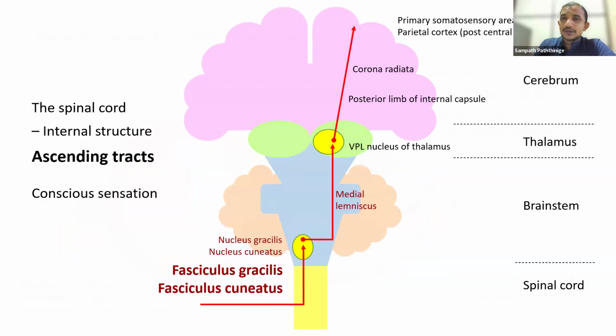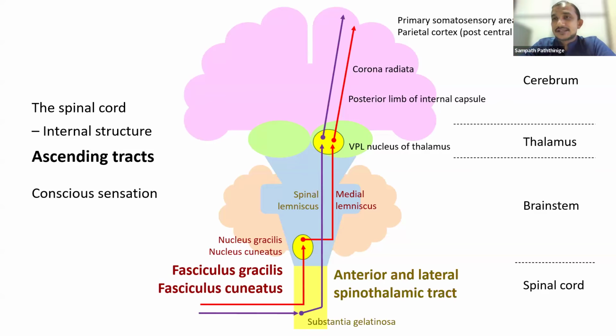The second order neuron immediately crosses to the opposite side and goes into the VPL nucleus, the ventral posterolateral nucleus of the thalamus, through the medial lemniscus, then through the posterior limb of the internal capsule and the corona radiata to the sensory cortex in the parietal lobe. So that is proprioception, vibration, those types of pathways.